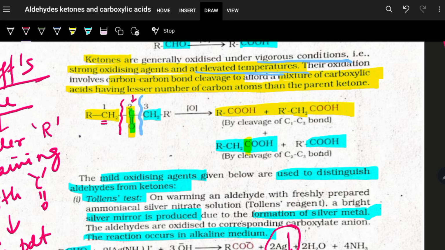Now, if I assume that R dash has a greater bulk factor than R, or R dash has more carbon atoms than R, then this becomes more bulky and this becomes less bulky. So my way of bond breaking where C2C3 is breaking and the R, which is less bulky, is remaining with C double bonded O, this will be my major product set.